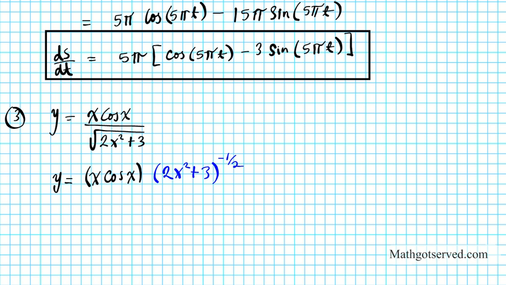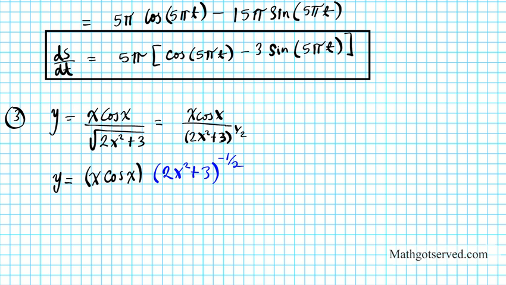How did that happen? Because we can rewrite this as x cosine x over 2x squared plus 3 raised to the 1/2. If I send the denominator to the numerator, I change the sign of the power to a negative, and the square root becomes 1/2. Writing it in this form enables me to use the product rule.